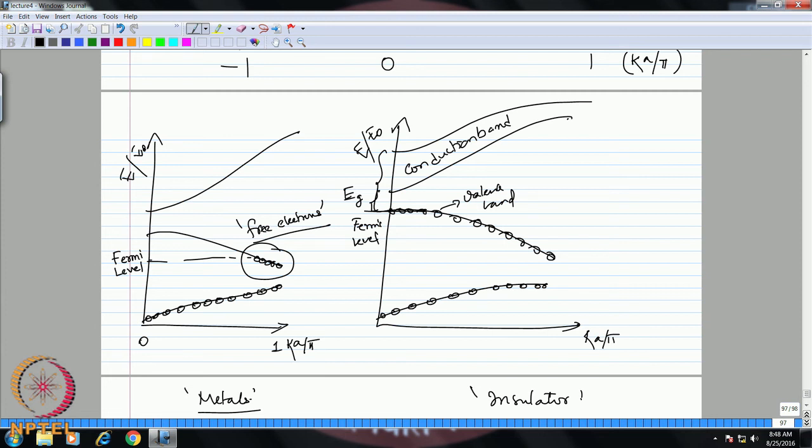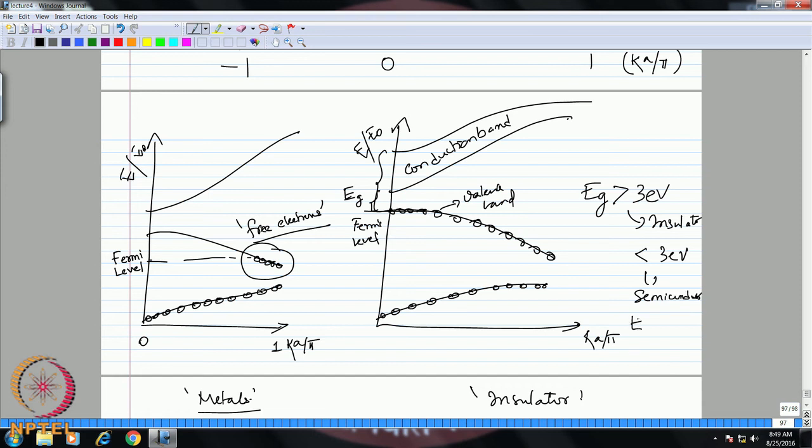So, the typical thumb rule: if your band gap between the valence and conduction band is greater than 3 electron volts, the material becomes an insulator. If it is less than 3 electron volts, it will be a semiconductor.